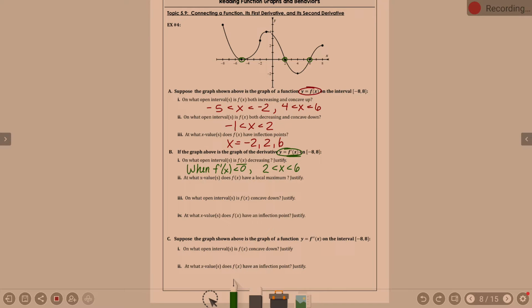Now, it's only asking, though, for a max. So now what else do we have to consider? When does a max happen? Positive to negative. So when does my derivative change from positive to negative?